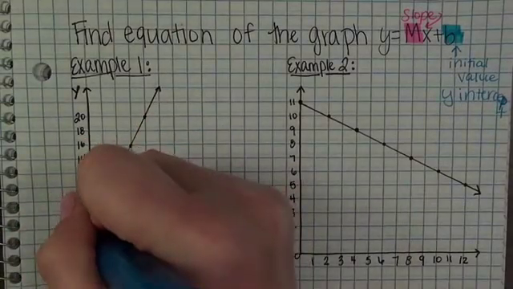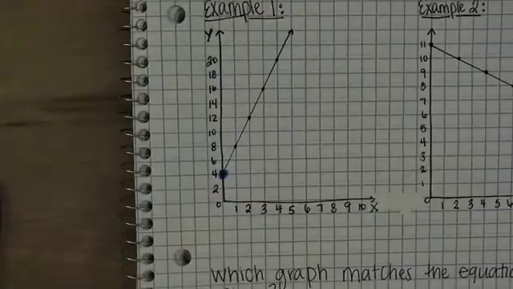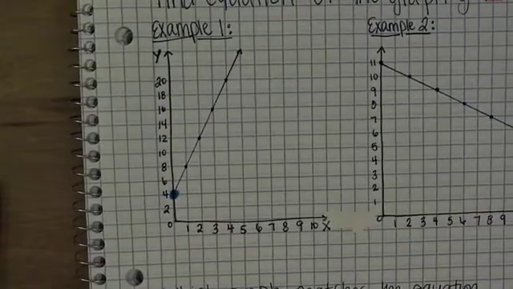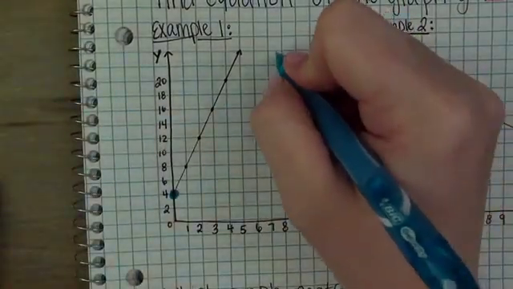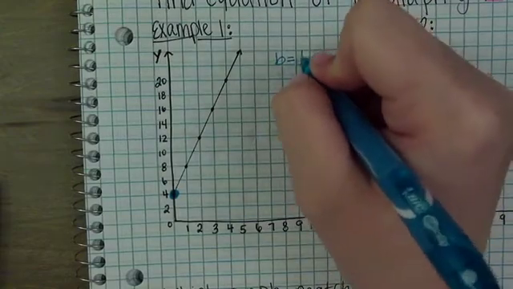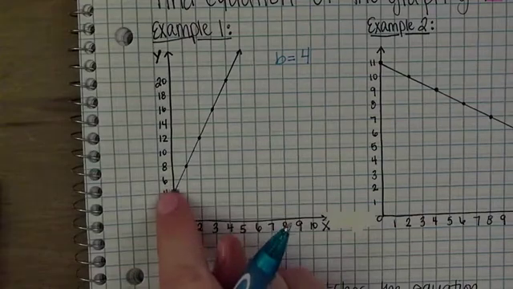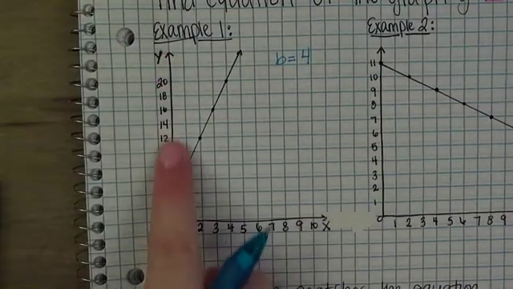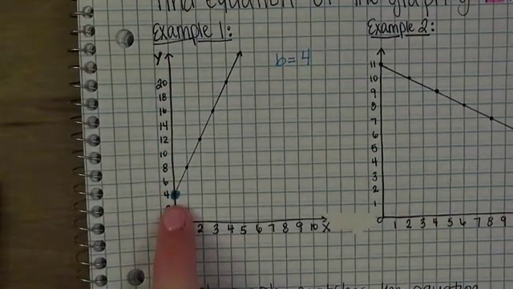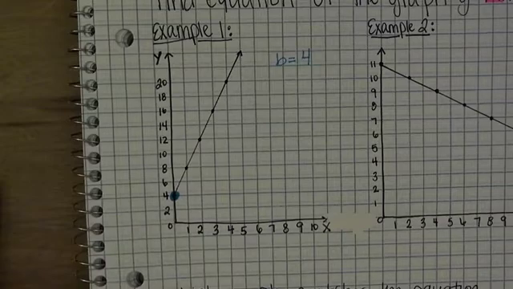Okay, so I like knowing where I start. For this first example, I'm going to mark that. So my b is 4. From this graph you could see that it crossed the y-axis at 4. Now let's find the slope.